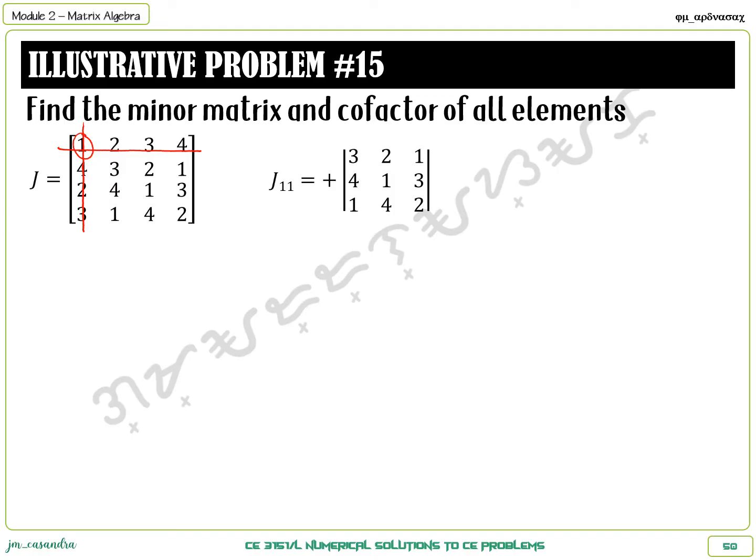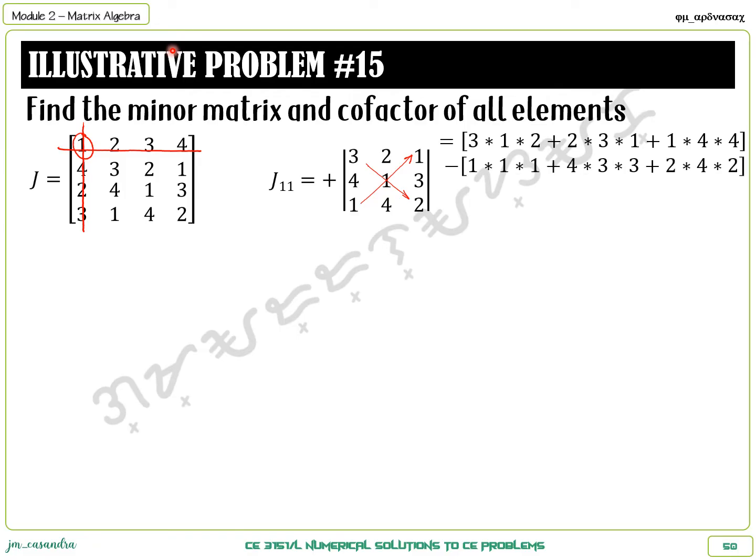For our cofactor elements, we'll just be multiplying the elements. So we'll have downwards minus upwards. So we'll have now 3 times 1 times 2 plus 2 times 3 times 1, and then 1 times 4. Okay, so that's minus 1 times 1 times 1 plus 4 times 3 times 3.